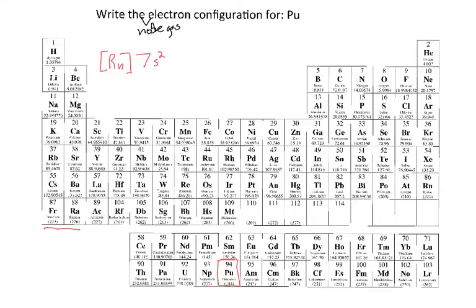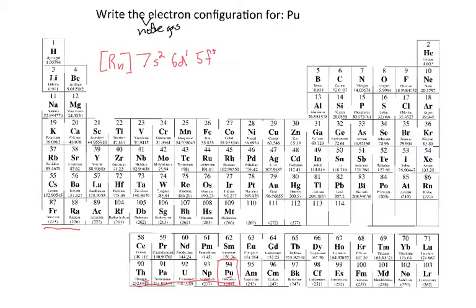But there's just one, because after 89, number 90 jumps down to the 5f's. So what happens is this 89th electron goes into the 6d's, and then 90, 91, 92, 93, 94 go into the 5f's. And so there's 1, 2, 3, 4, 5. So it's going to be 5f5.